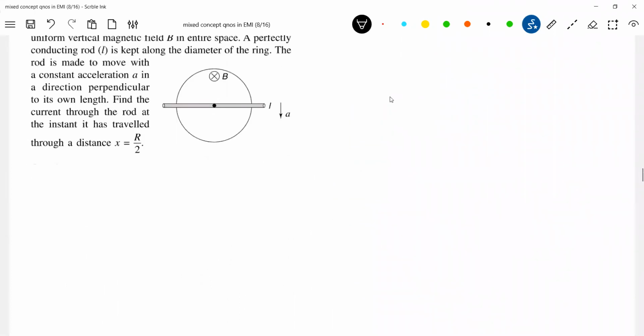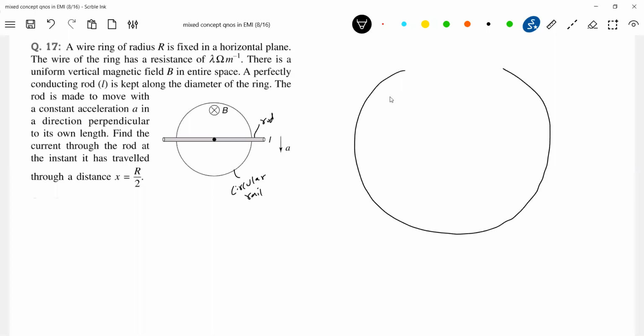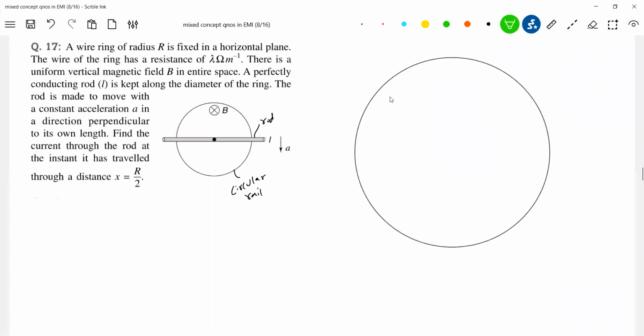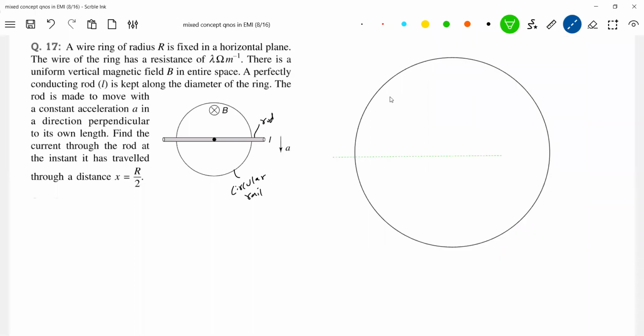Now similarly, this is a circular rail, and this is a rod. This is a rail, and the initial position of the rod was here, no? Initially, the rod was exactly at the diameter. Read the question. Meanwhile, I'll draw the diagram. So this was the initial position of the rod.